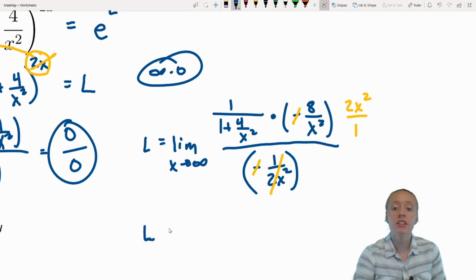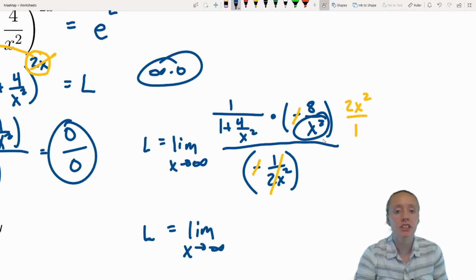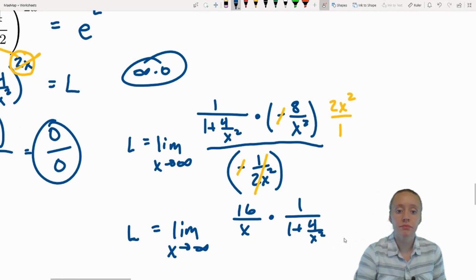I'm going to have L equal to the limit as x approaches infinity of 1 times 8 times 2x squared, which is 16x squared, but I'm dividing that by x cubed, so that's going to be 16 over x, and then that's multiplied by 1 over 1 plus 4 over x squared.